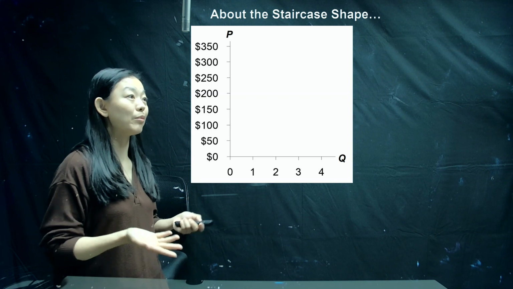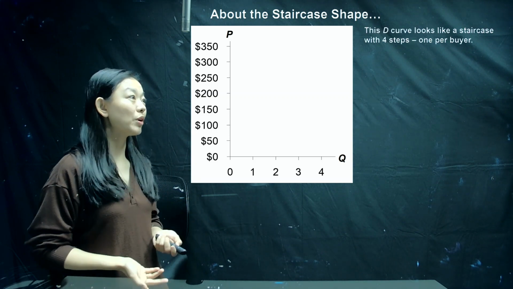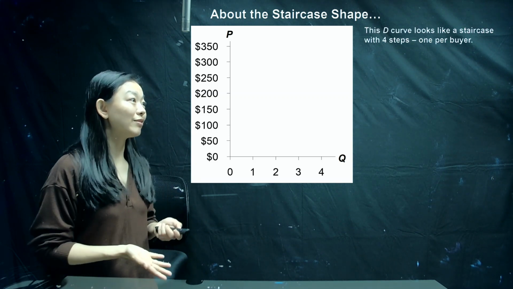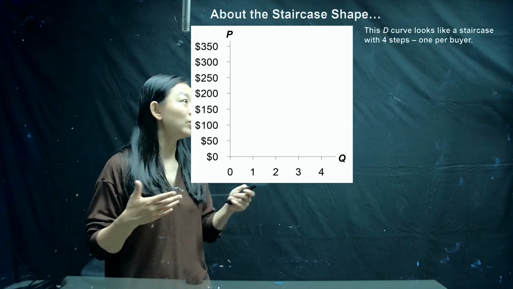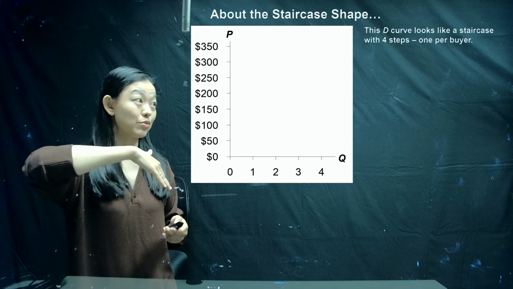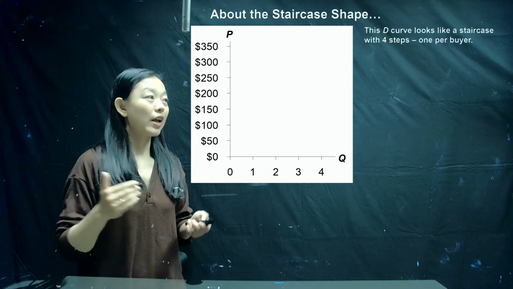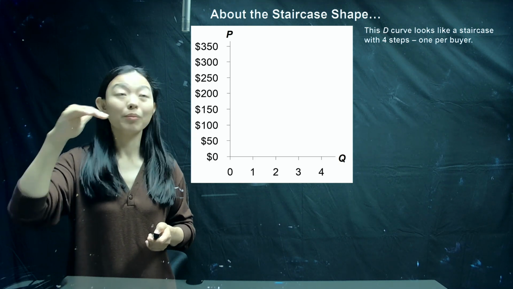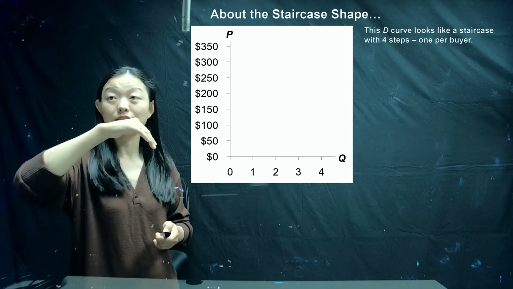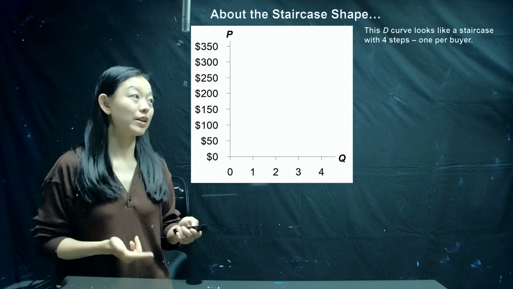So here I will give you some reasons. The first one: the demand curve looks like a staircase, and it tells you that 1 person will buy each unit, right?